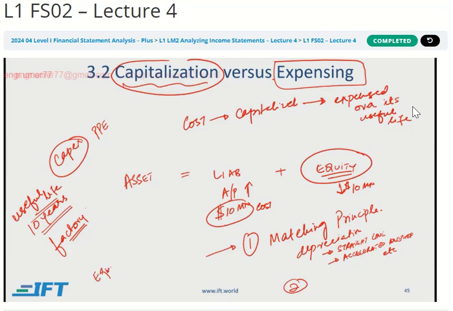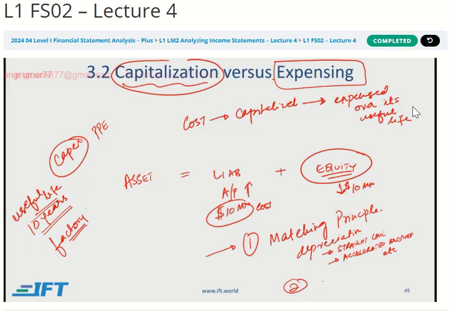Equity is equal to assets minus liabilities. If you just take liability on the other side, and that is basically your net assets, which is the net worth of the shareholders, which is assets minus liabilities. So we don't want to do that, right? We don't want to recognize such a big expense.